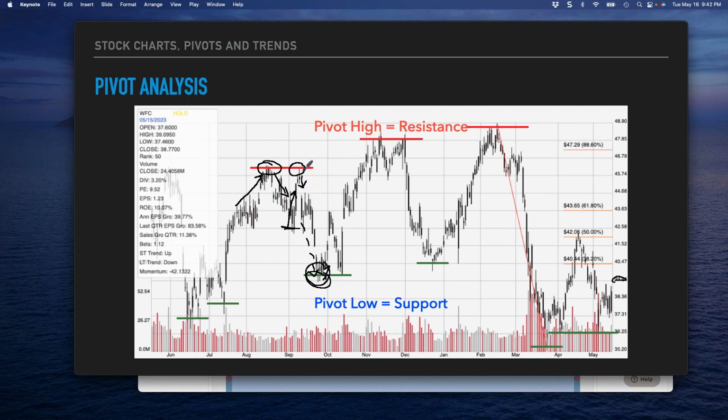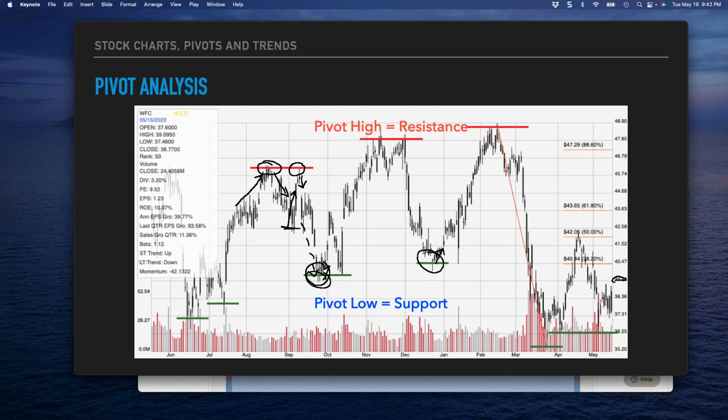Pivot highs often prompt short-term reversals to the downside, whereas pivot lows often result in bullish reversals, at least on a temporary basis, to the upside. You can see I've identified multiple of these levels on this chart.